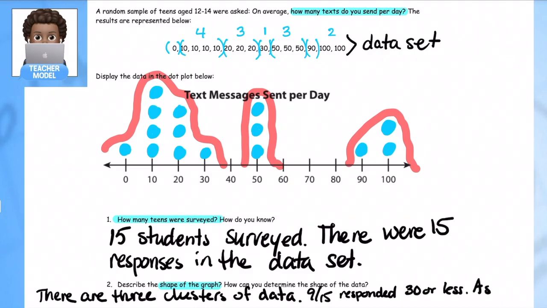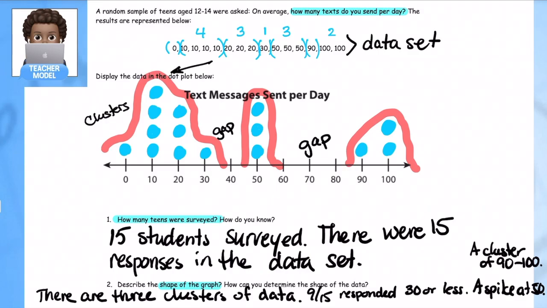A spike at 50, a cluster of 90 to 100. And you can see where I have no data. So there's a gap here and a gap here. I don't have a lot of space, but you can see how I'm looking at my clusters.